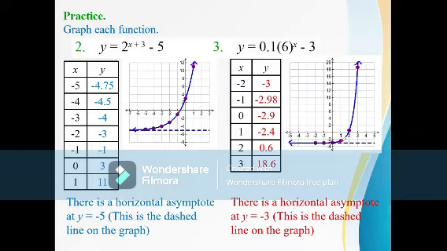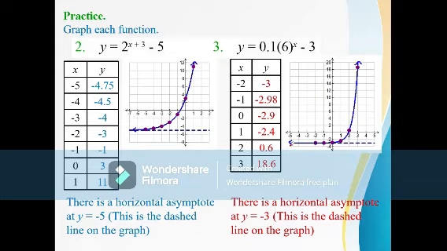That's here. Then if x is 2, y is positive 0.6. If x is 3, here, y is 18.6.